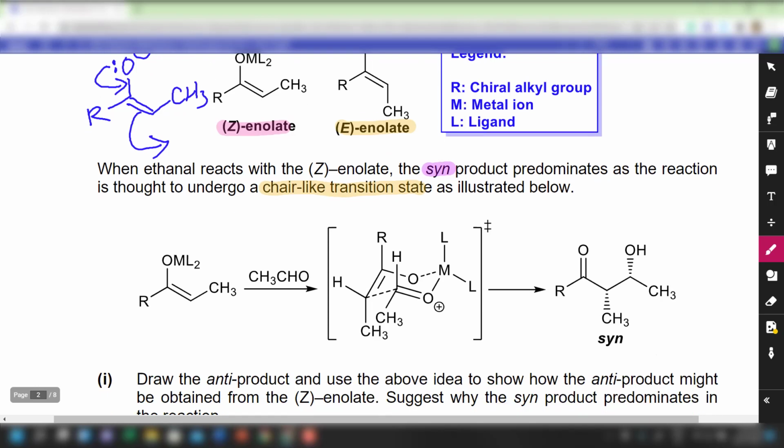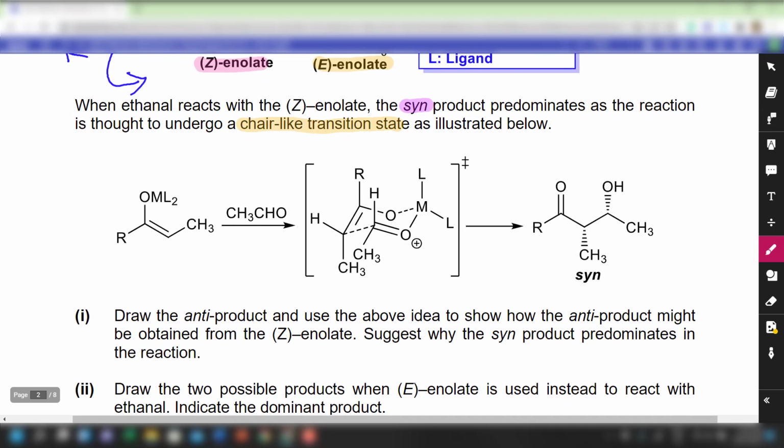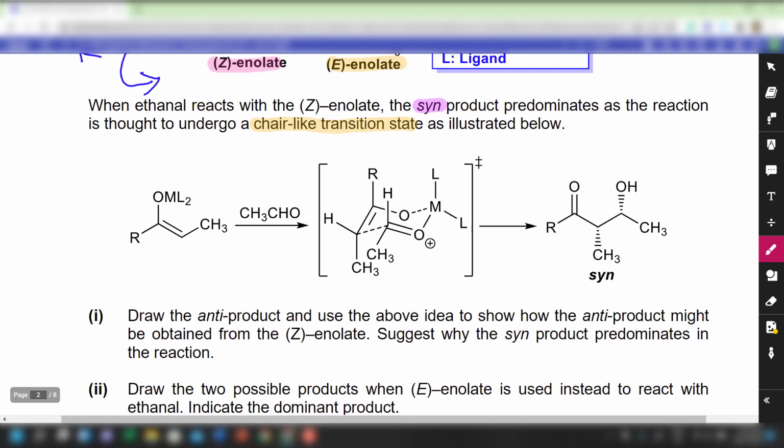So bear in mind the quality of the cartoon, although it doesn't really represent reality. But this diagram itself is okay as it is, and it's able to tell you how the syn product is being predicted.